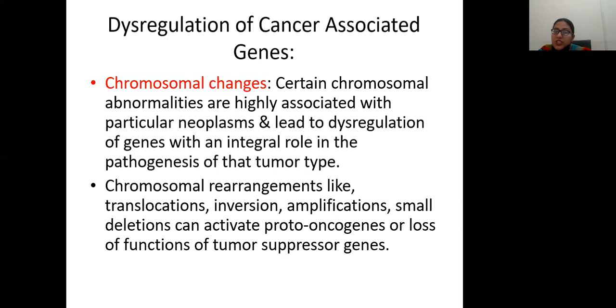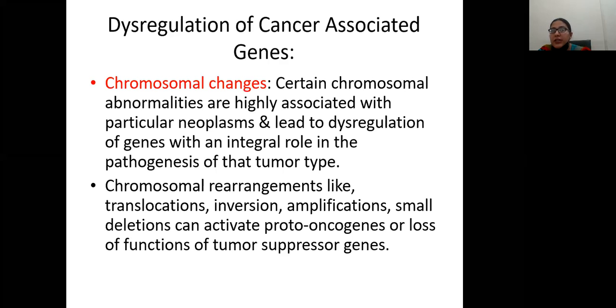Now the chromosomal changes, the dysregulation in chromosomes. Certain chromosomal abnormalities are highly associated with particular neoplasms. Clear? Till now, we know that a tumor can occur due to the activation of oncogenes, a mutation of a gene like an oncogene.